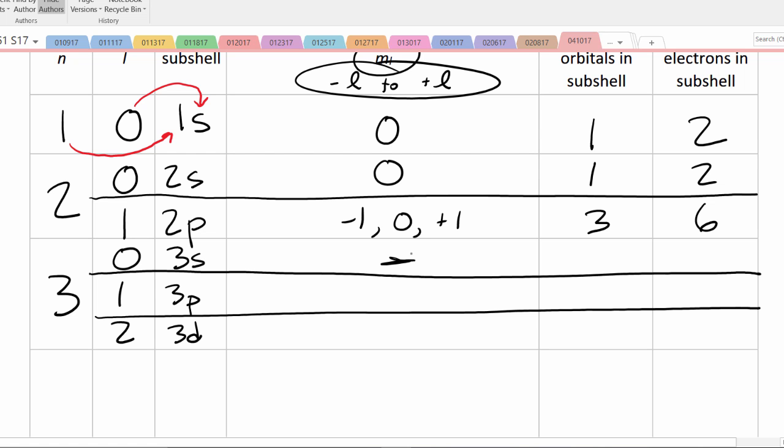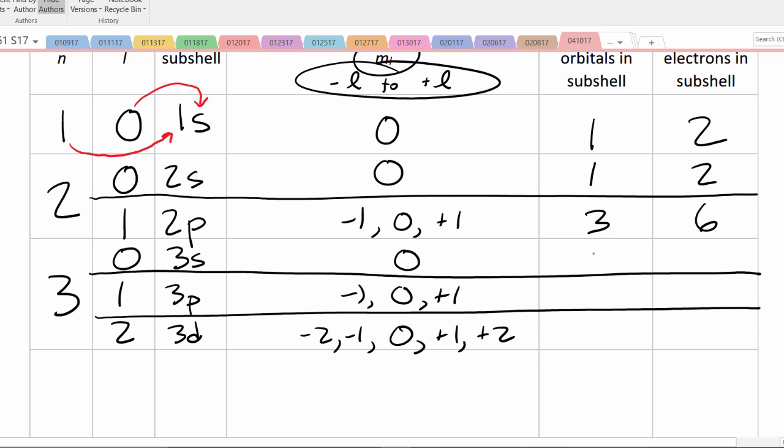In this first one, possible values of m sub L would be 0. Next row: -1, 0, +1. There we go. And then the next row, -2, -1, 0, +1, and +2.